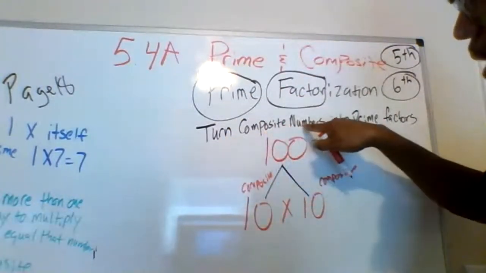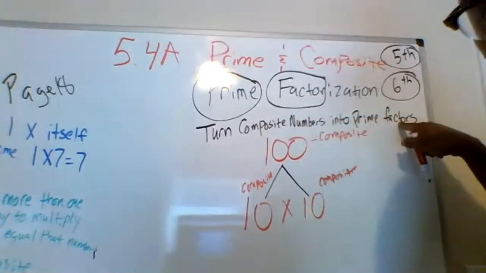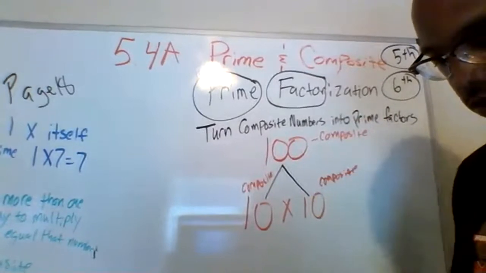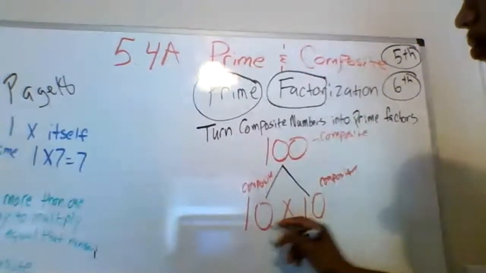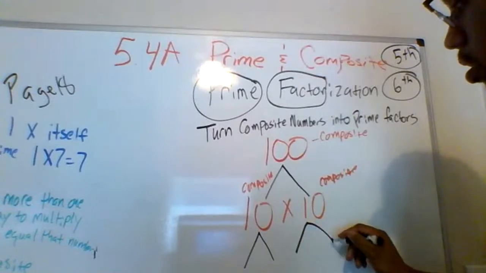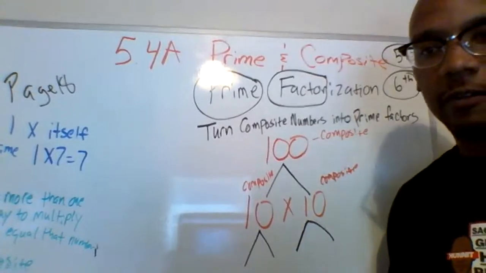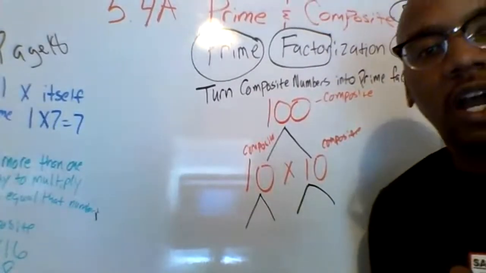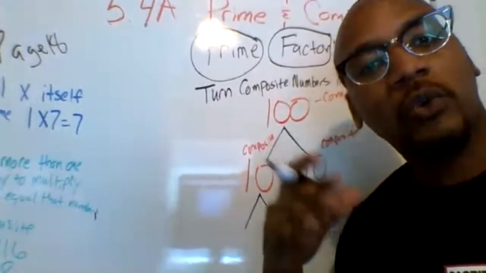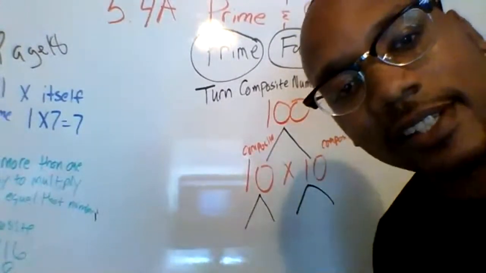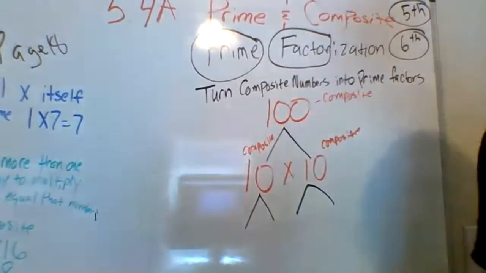You need to turn them composite numbers into prime factors, which means you got to break down these 10s some more. All right? Now, how do I break down 10? Can anybody tell me what numbers multiply to get 10? Type it in.